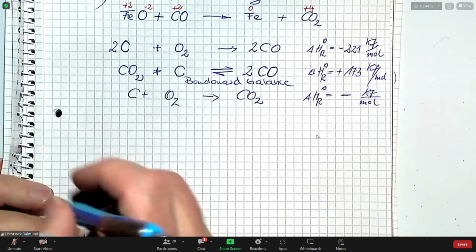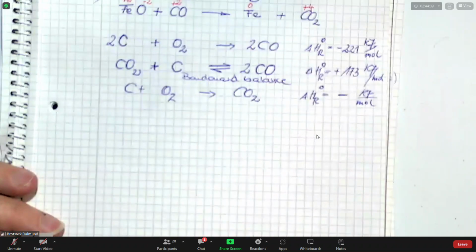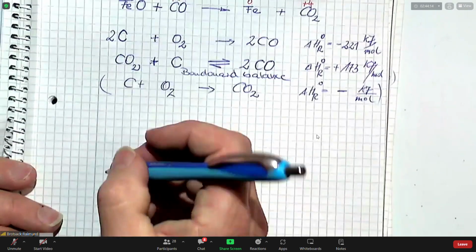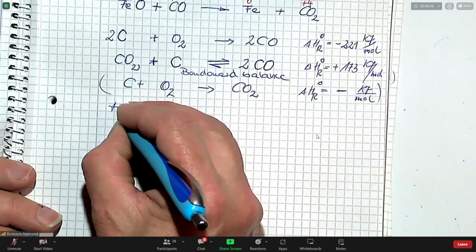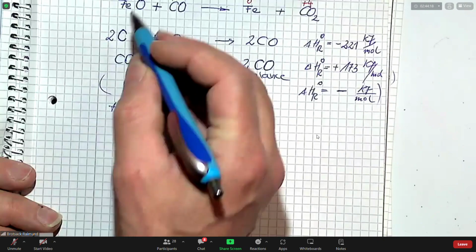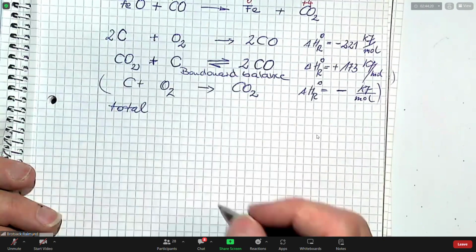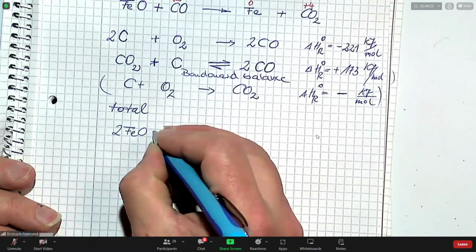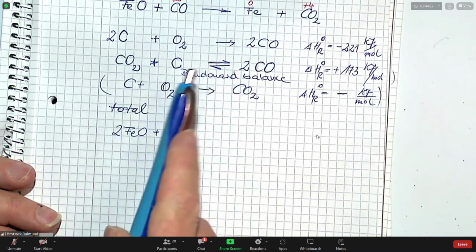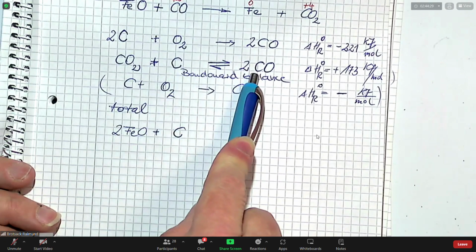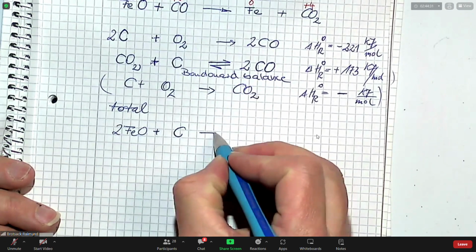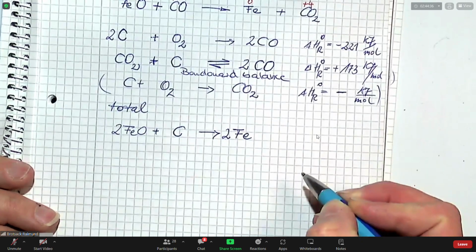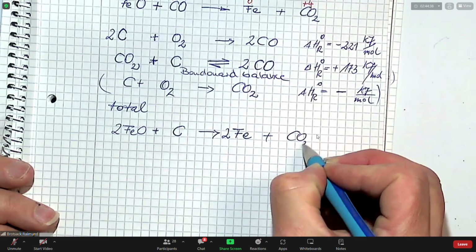When you calculate all these different reactions, not caring about the last one, then you can say the overall total is, we have 2 FeO and pure carbon, which is added to form CO. And then we have elementary iron 2 times and CO2.